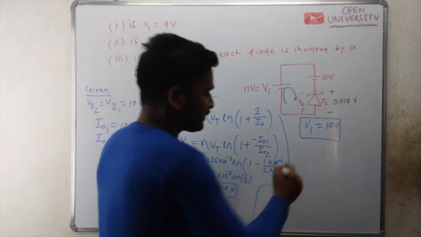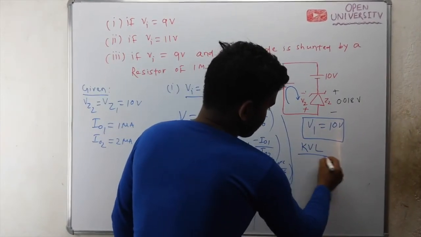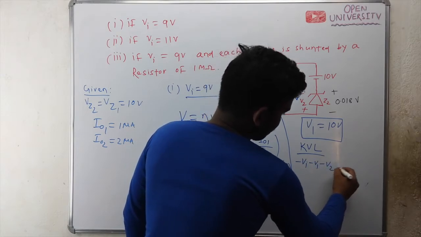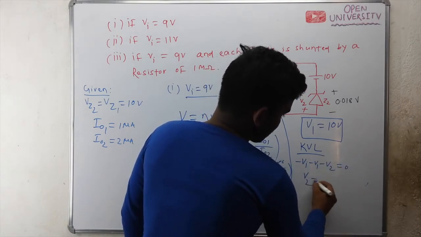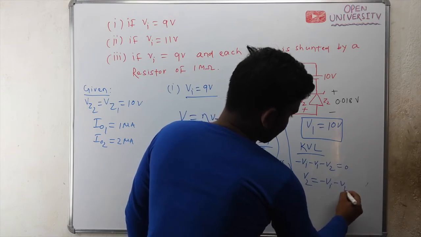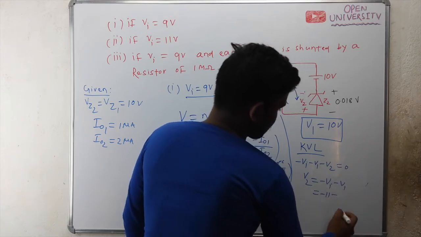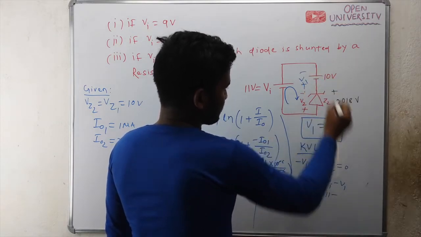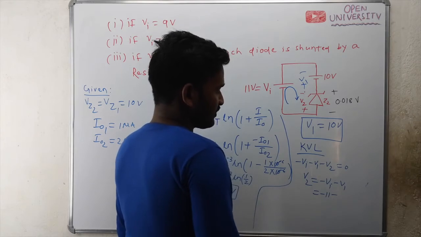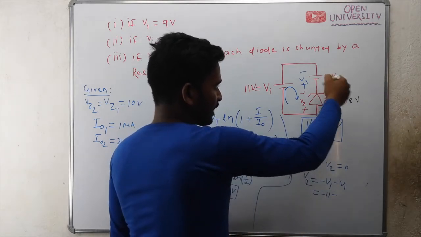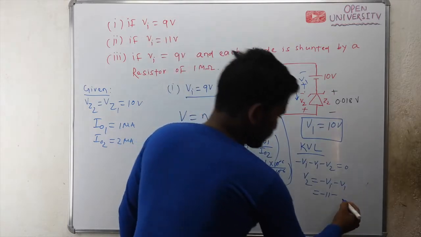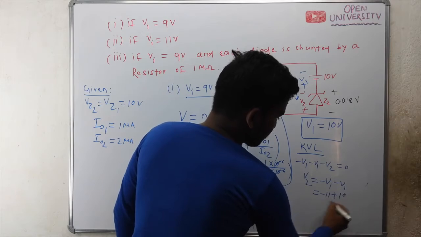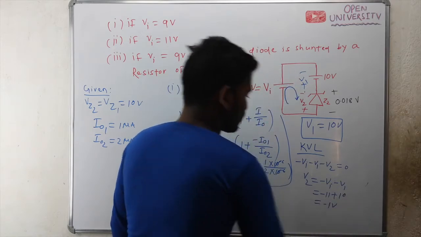Now apply KVL again to find out V2. This will be minus VA minus V1 minus V2 equal to 0. Then V2 will be equal to minus VA minus V1, that is minus 11 minus V1. This was V1, no? So if this voltage is 10 volt, then this V1 will be minus 10 volt. So minus 11 plus 10 volt, which will be minus 1 volt.